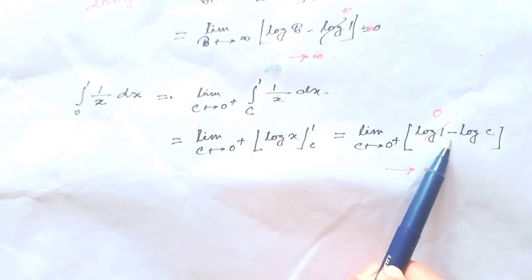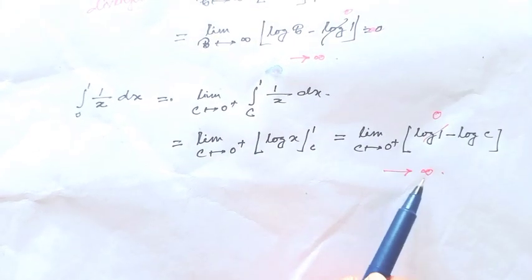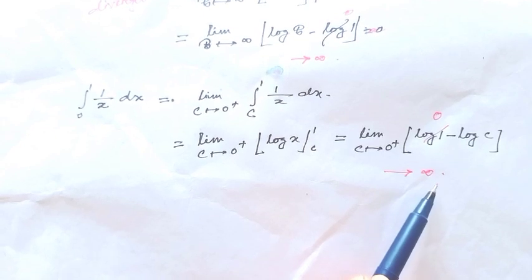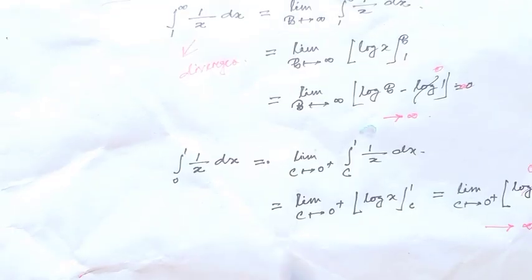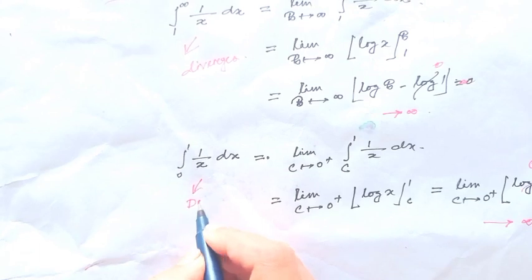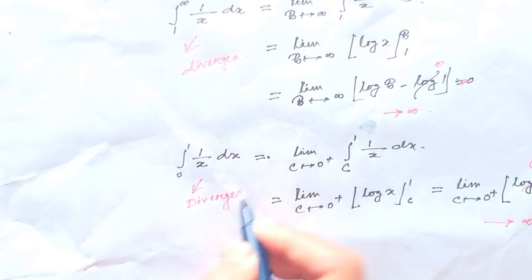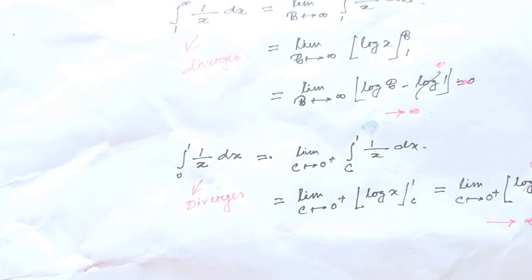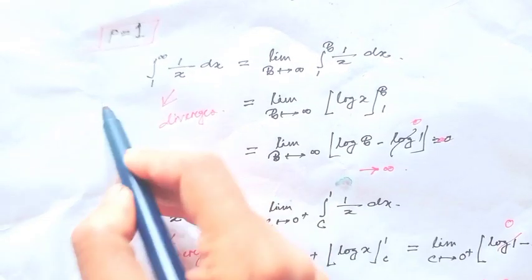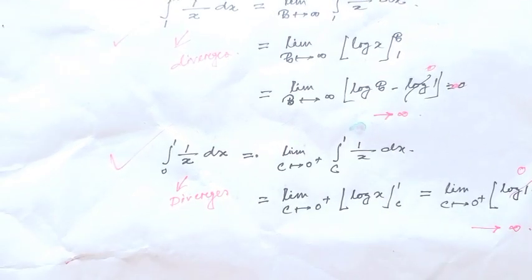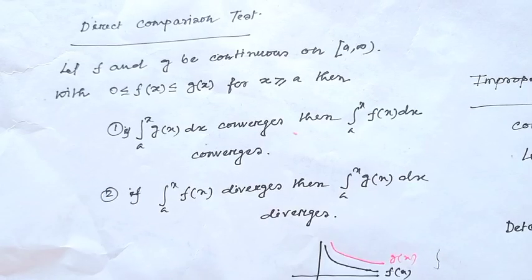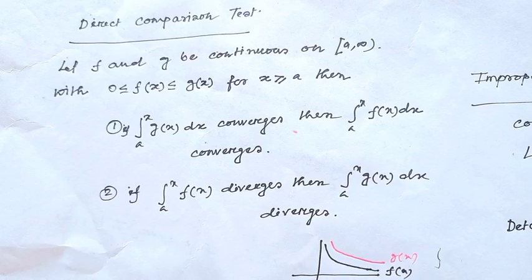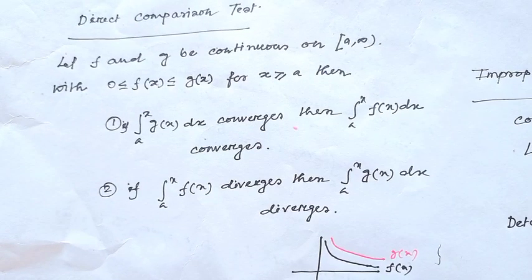Then log c obviously goes to minus infinity, but with the minus sign this goes to infinity, so this also diverges in this interval. Therefore in this interval both integrals diverge.